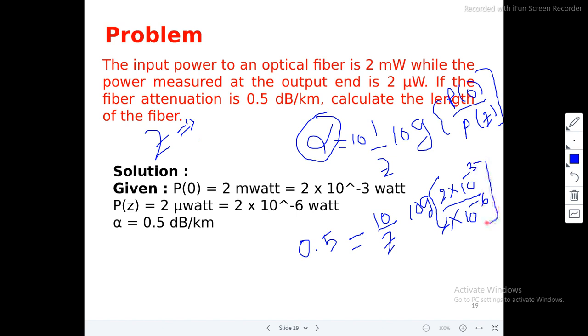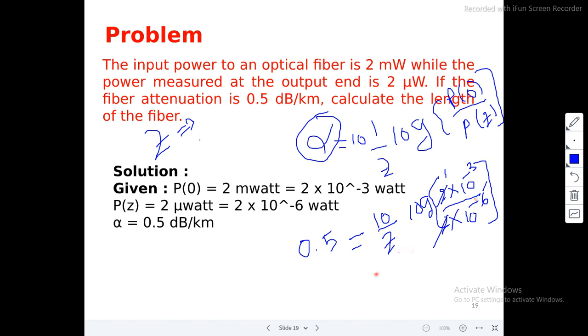The 2 cancels, so the value is 1. Here it will be 1 by 10 to the power of minus 6. Taking it to the numerator side, that will be 10 to the power of plus 6. Since the bases are equal, the powers will be added: minus 3 plus 6 is equal to plus 3.